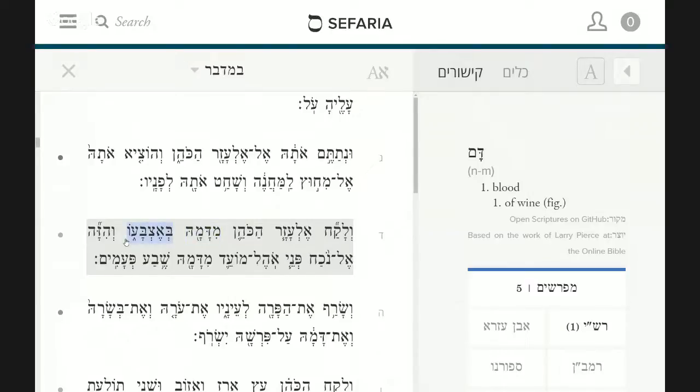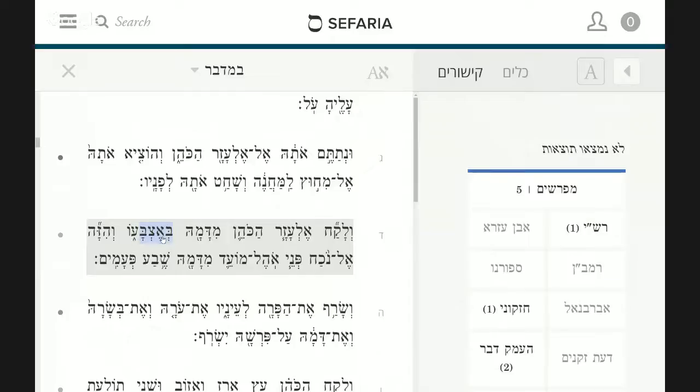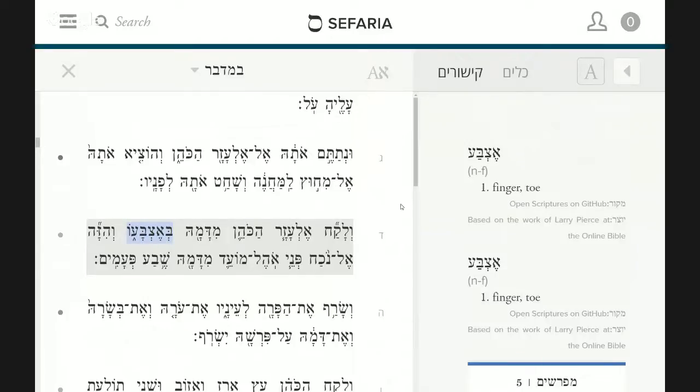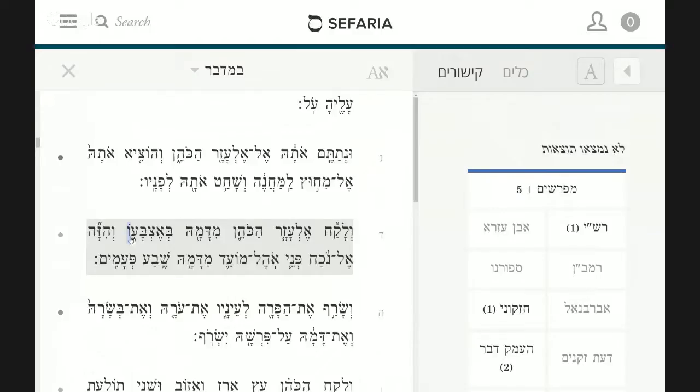Be'etzba'o. The word be'etzba'o comes from etzba. Etzba is a finger, or I suppose it could be a toe, but in this case we're going to be using his finger. And the o on the end, like I said before, is the suffix that means his or him. In this case, because it's not a noun, it's his. So his finger.